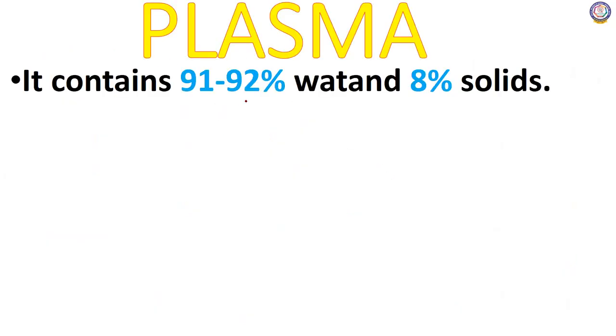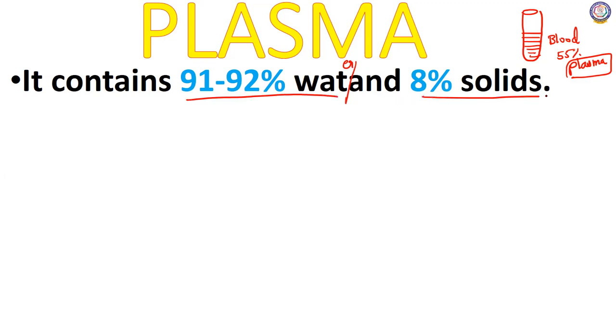In blood, 55% is plasma. In plasma, what are the constituents? Water, 91 to 92%, and 8% solid. And these solids, what are they?